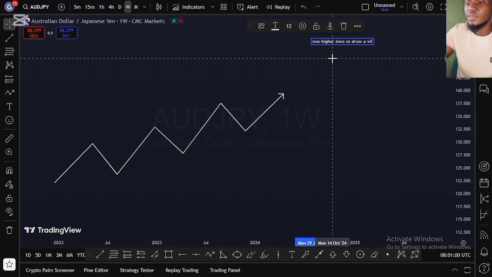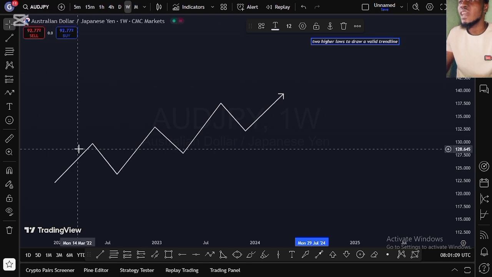Sorry, I was wrong. So in a bullish market like this, you need two higher lows to draw a valid trend line.